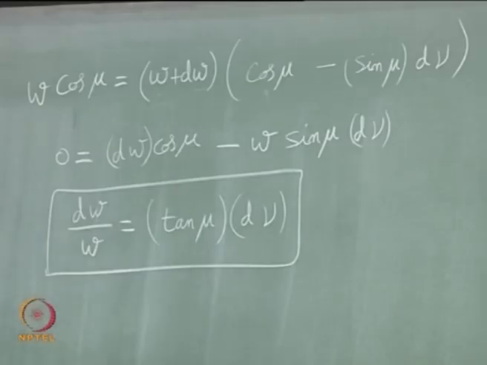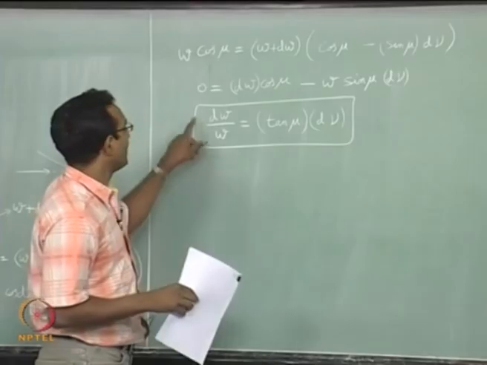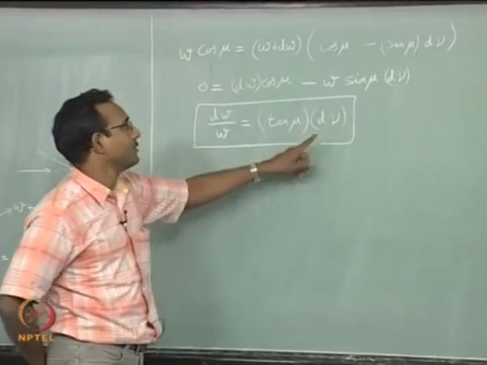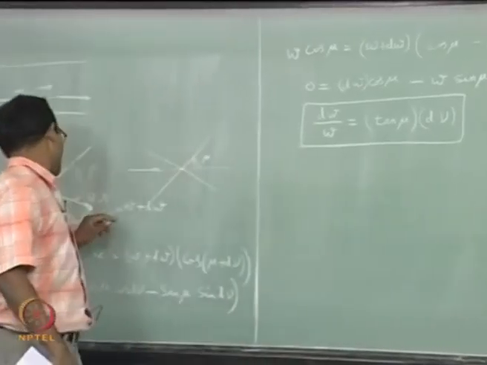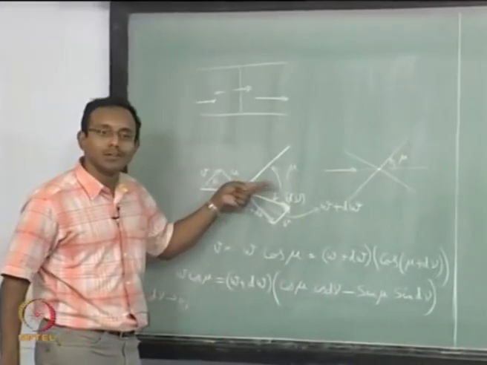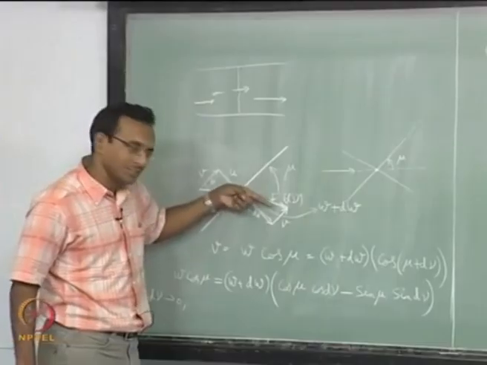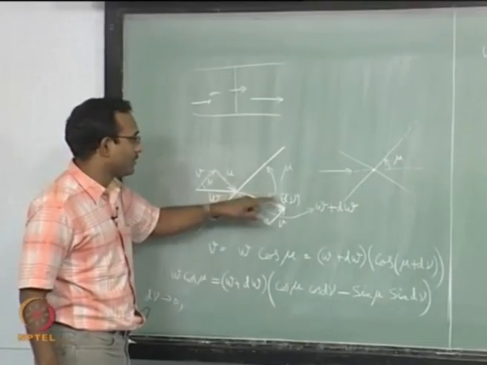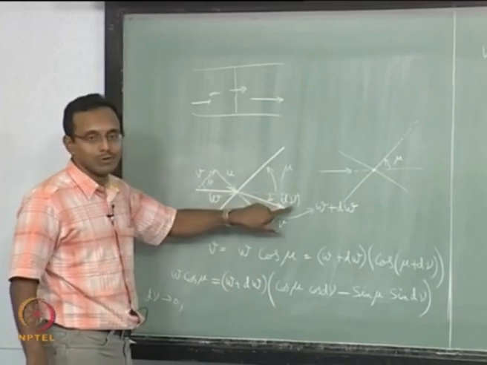What does this tell me? If my d nu is positive, I am going to say that my dw is positive. My flow will accelerate if my d nu, the way I chose it, which is here, I have chosen it to be going below the horizontal. If it goes like this, then it will be positive. If I chose d nu to be negative, I give it a negative value, what will happen?